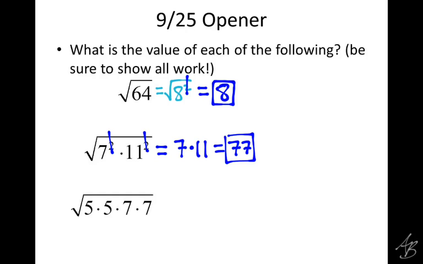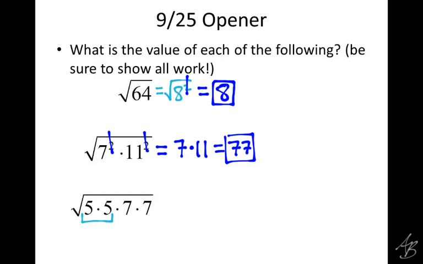How about this next one? There's a couple of different ways we could do it. The long way would be to multiply 5 times 5 times 7 times 7 and get an answer, and then try to figure out what we square to get that. But there's an easier way. What can we do? Yeah, exactly.